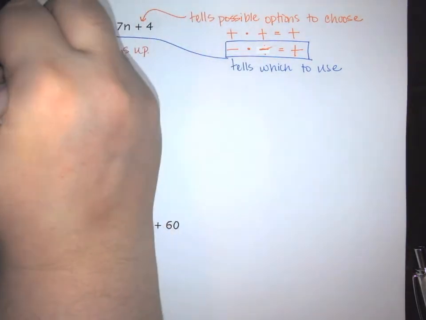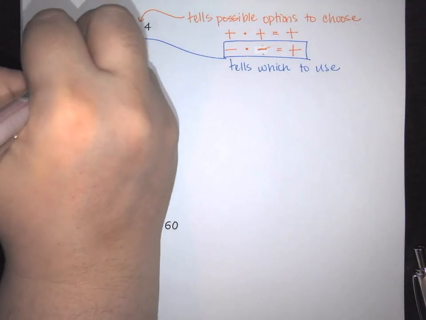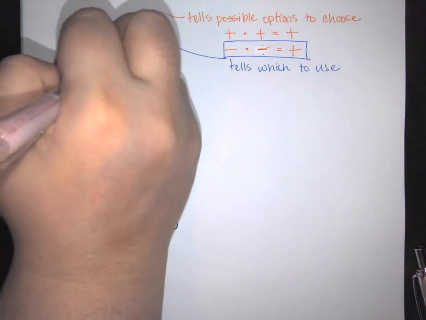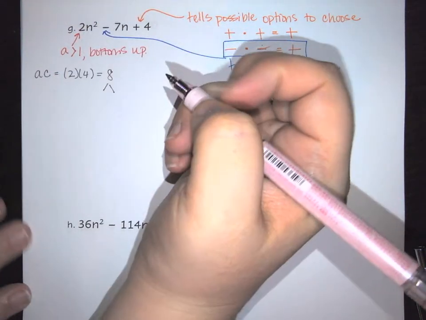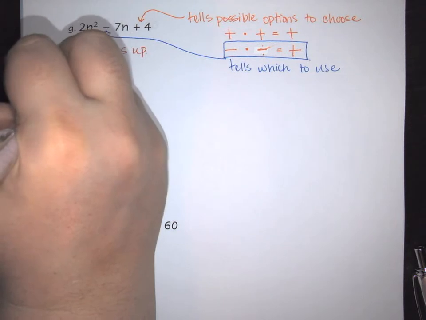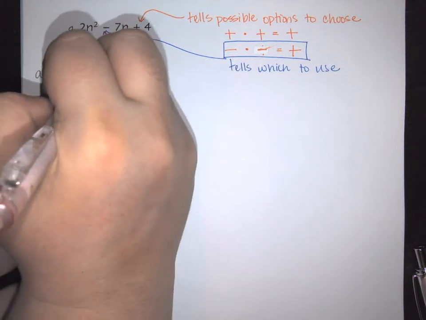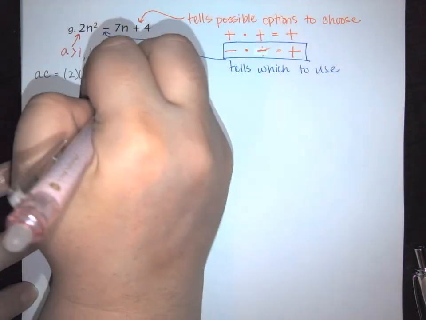So here that bottoms up says we're going to do a times c. So this is going to be 2 times 4 which gives you 8. I need to find factors of 8 that add to -7. So I've got 1 and 8.